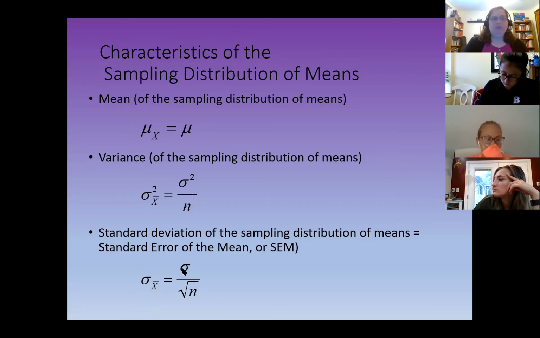It equals the standard deviation for the population divided by the square root of the sample size. So the bigger the n gets on the bottom, the smaller the whole thing gets, and the smaller our SEM gets.